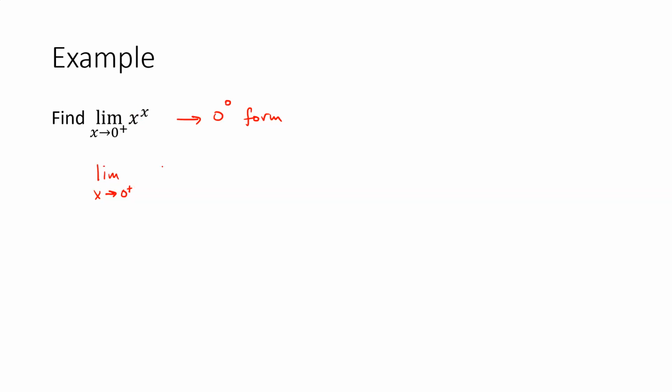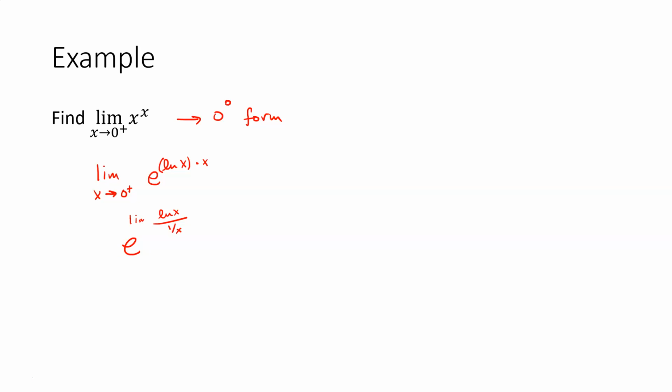I'm going to rewrite x in the base as e to the ln of x, and then times x, right, to the power of that x there, so we'll multiply by x. And then to get this into a fraction form, we'll do ln of x over 1 over x.